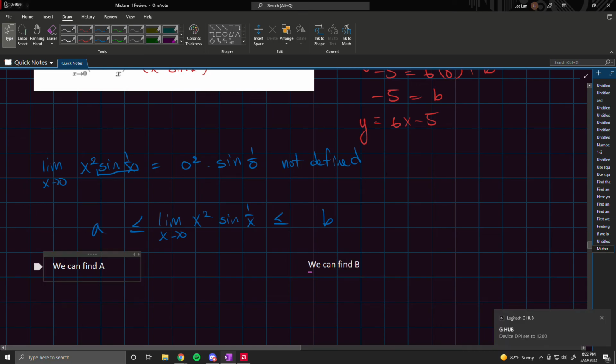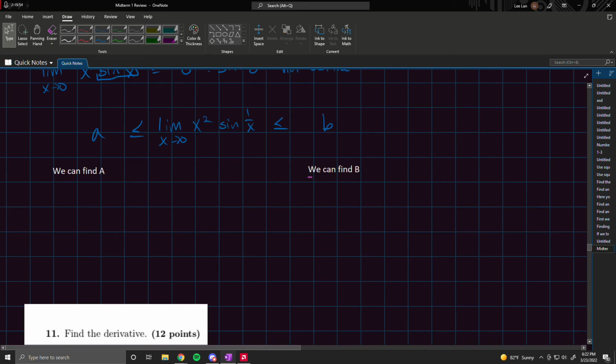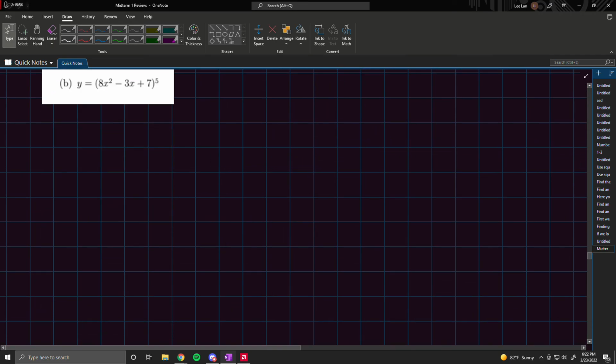If we can find A and B, and we know this thing is in between them, we can at least limit the range down so that we have an idea of what the answer should be, or we can just find the answer straight up. So, sorry, let me move these down.